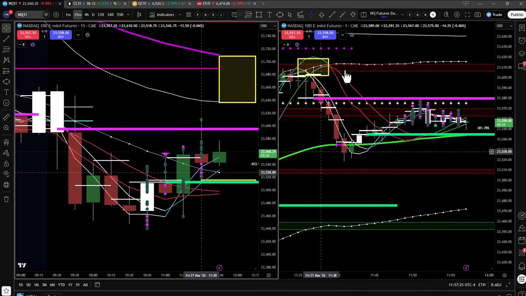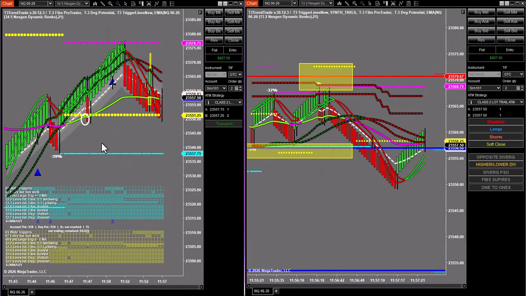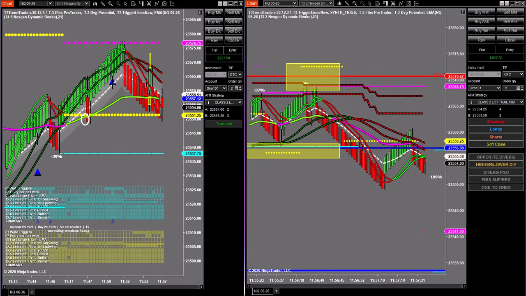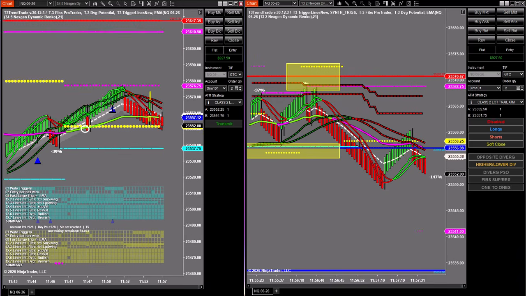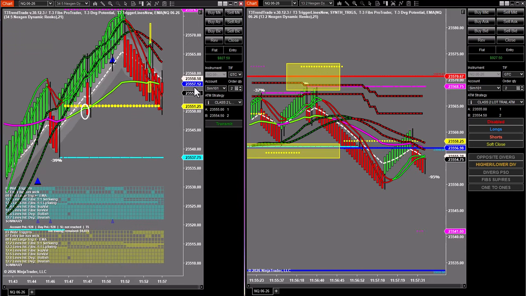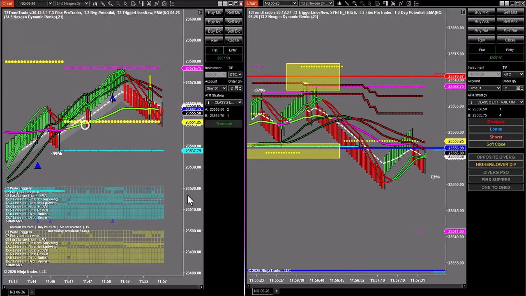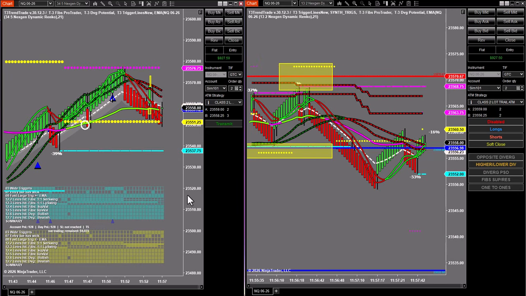Just chart reading. So if we get a little break and we get one short, we'll see what happens. I think shorts are going to start to be short-lived here, is what I'm trying to say.